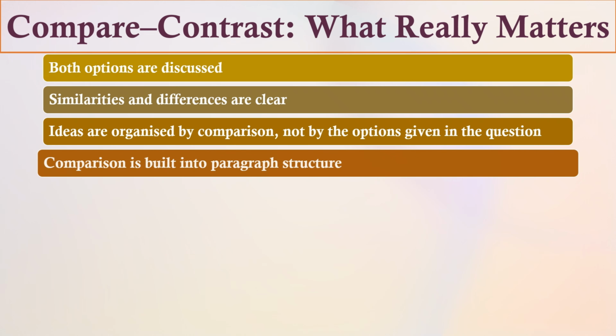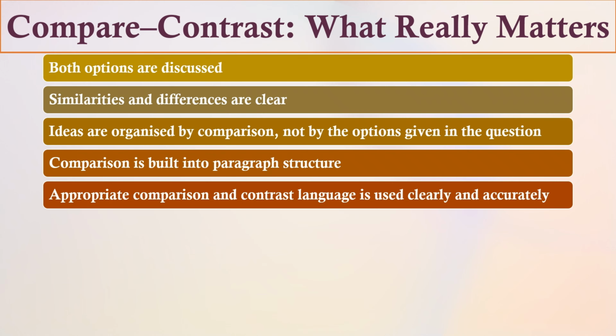Fourth, comparison is built into the paragraph structure. The paragraphs themselves show the relationship between the two options. Fifth, appropriate comparison and contrast language is used. Words and structures like both, similarly, while, whereas, in contrast, and on the other hand, help make relationships explicit and easy to follow.